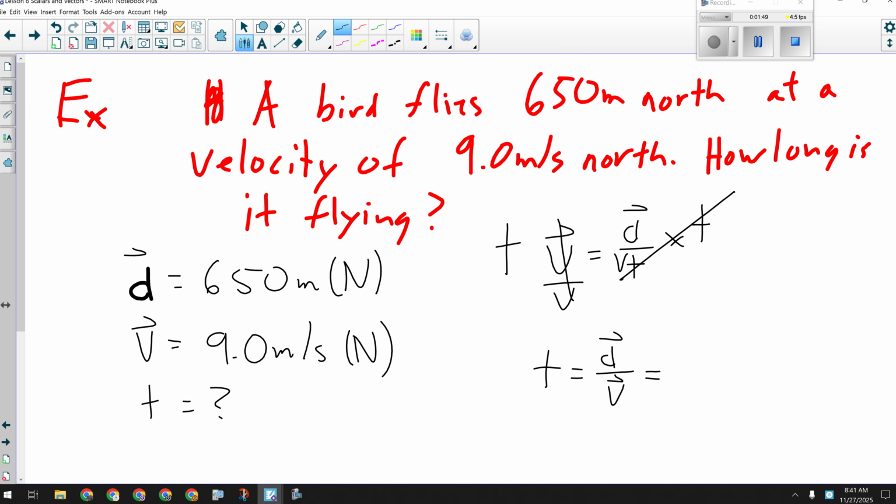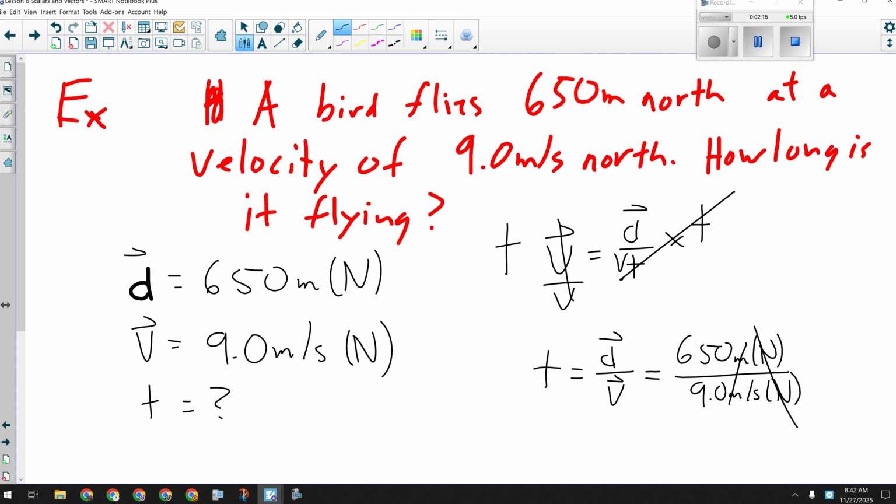And guys, honestly, I'm putting the arrows over top of this. If you're showing your work on this question, as long as in your givens it had the arrow over top, you don't have to keep putting the arrow over top of the rest of it. All right, so we're going to have 650 meters north divided by 9.0 meters per second north. North's going to cancel.